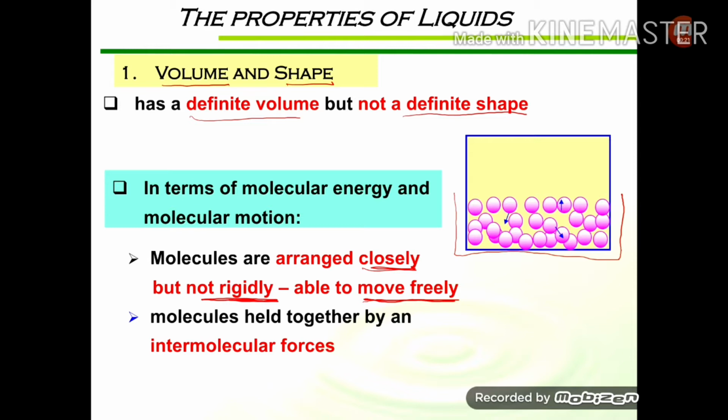This happens because the intermolecular force between the liquid molecules is strong enough to control the movement of liquid molecules. That's why liquid has definite volume.